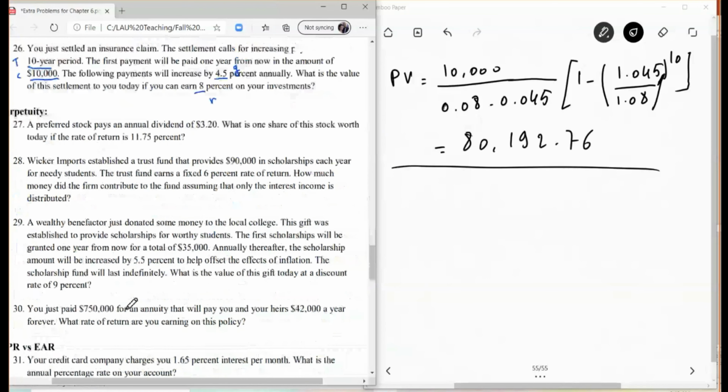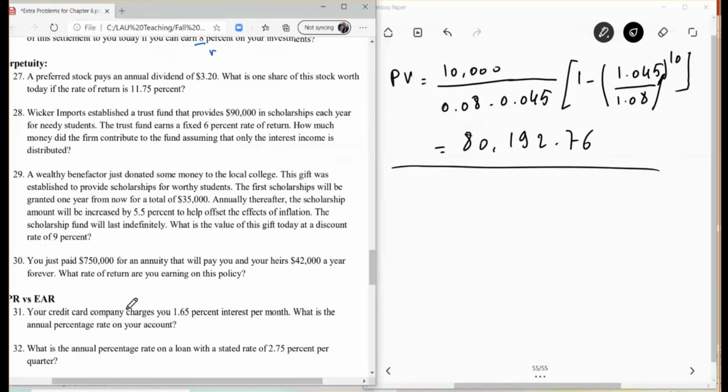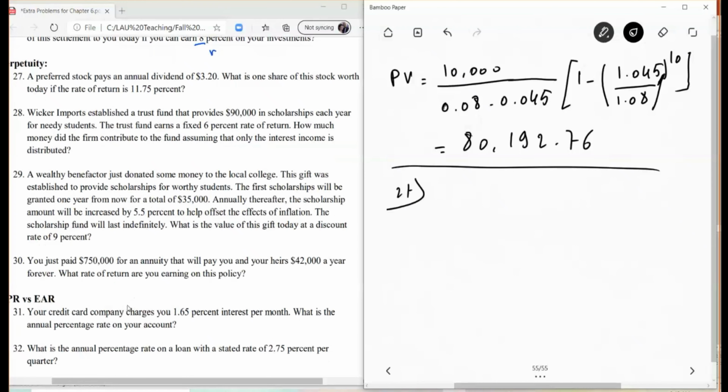Now for perpetuity. A preferred stock pays an annual dividend of 3.2. What is one share of this stock worth today if the rate of return is 11.75%? So mainly this preferred stock is going to pay you this annual dividend of 3.2 each and every year till infinity.